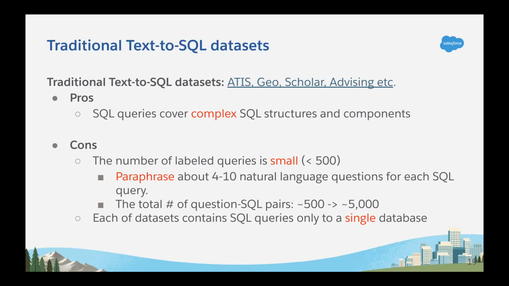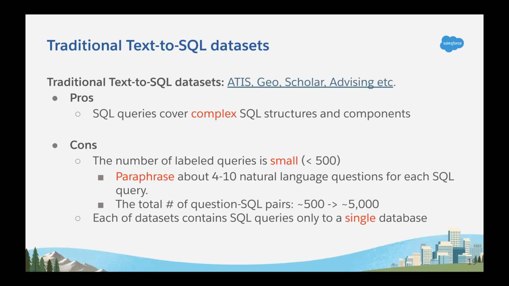Second, when they collected the data, for each query they paraphrased one natural question into 4 to 10 different natural questions. So when they did the split, they just randomly split those queries, so that in the training and the testing there may exist the exact same query but with different natural language.